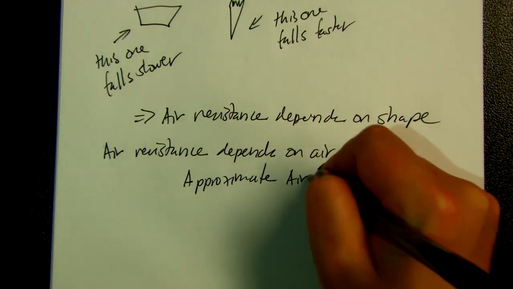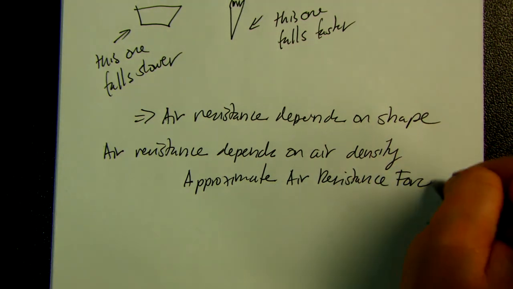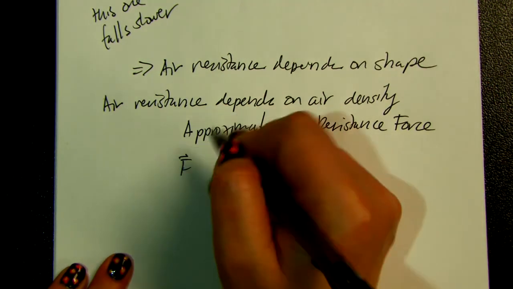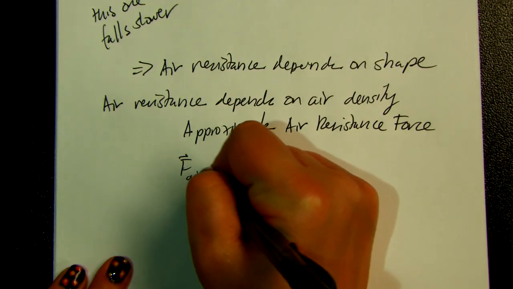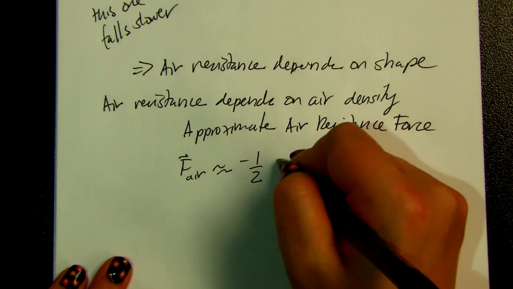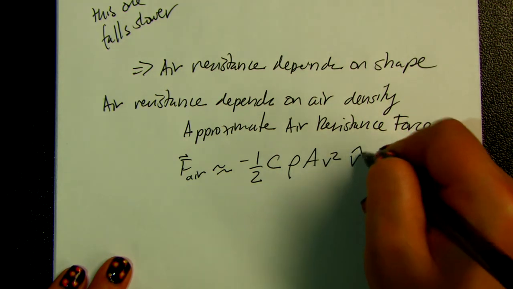Okay, so this brings us to the approximate air resistance force. This is an empirical equation, meaning it's been determined through measurement. So the force of air is approximately minus 1/2 c rho A v squared v hat.